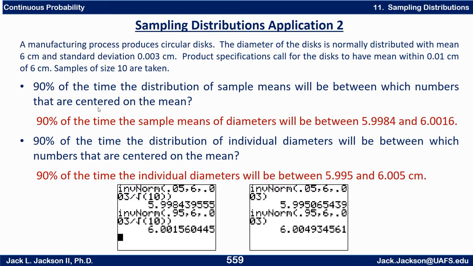So that is a narrower interval for the distribution of sample means than it is for the distribution of individuals to get the same area.